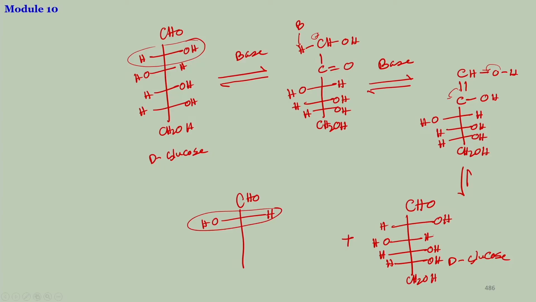So, proton abstraction can happen in either direction. This is your, I guess, if I am not wrong, mannose.